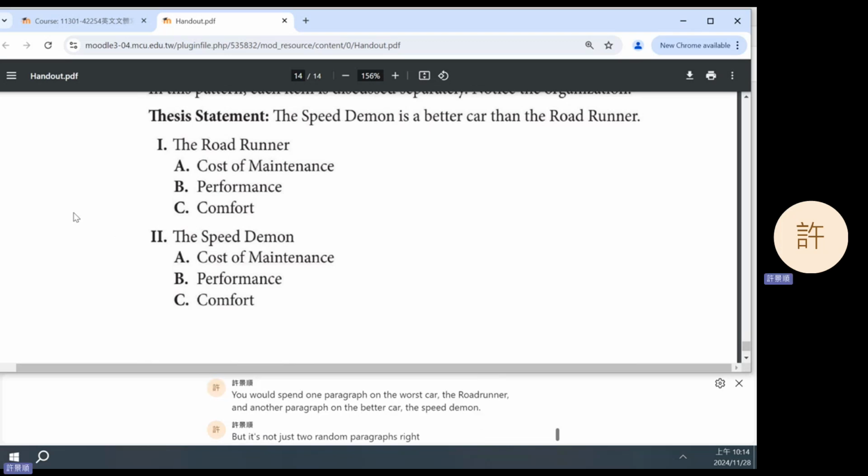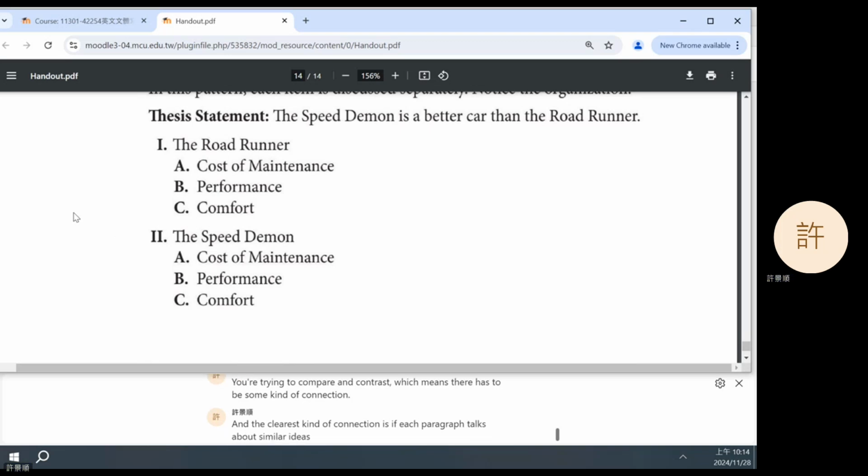You're trying to compare and contrast, which means there has to be some kind of connection. And the clearest kind of connection is if each paragraph talks about similar ideas. So for each car, each paragraph will talk about the same 3 aspects: cost of maintenance, performance, and comfort.